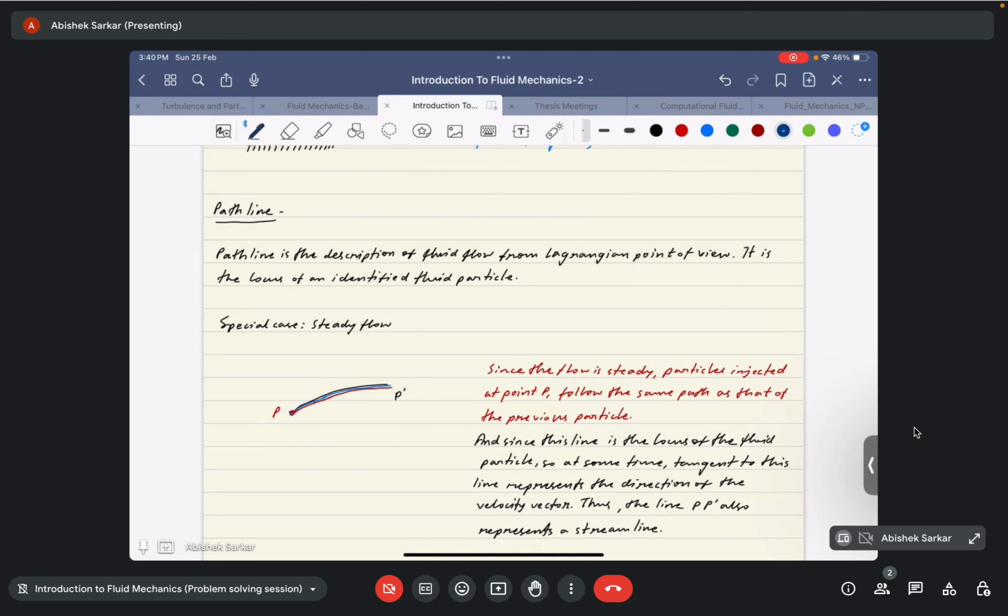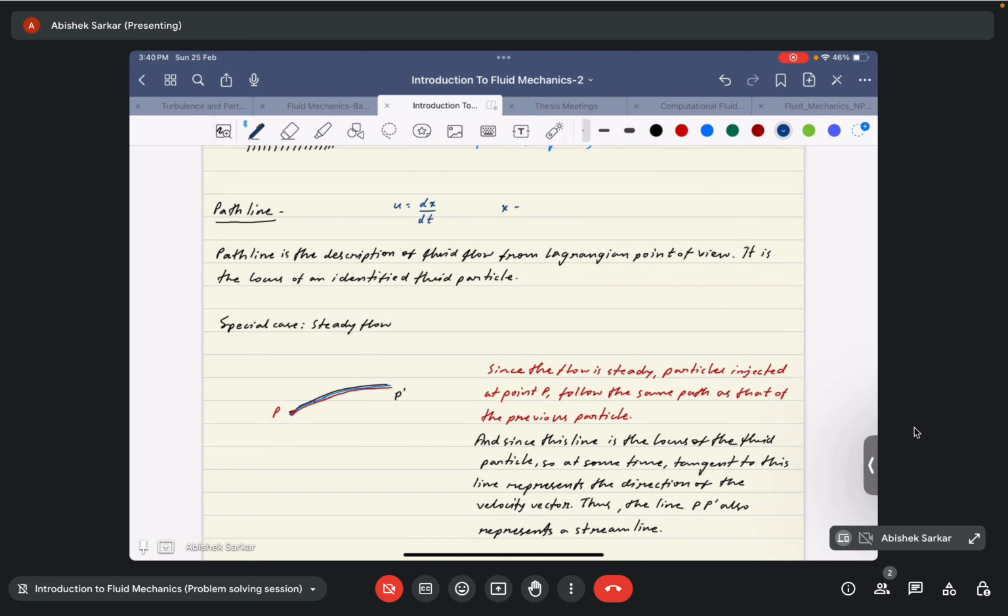let me use a different color, u is equal to dx by dt. Okay, simple definition, simple derivative. Now to find the path line or the trajectory of the particle, or the x coordinate of the particle at different instances of time, we integrate this expression, right?